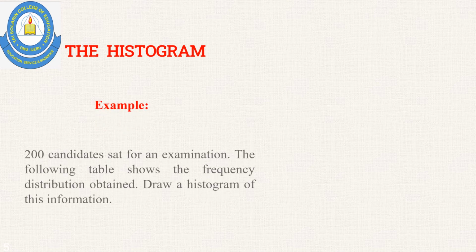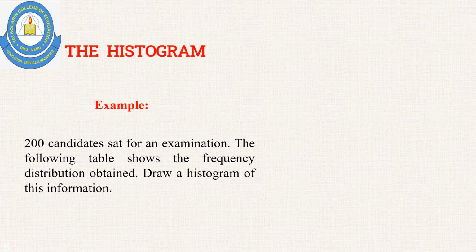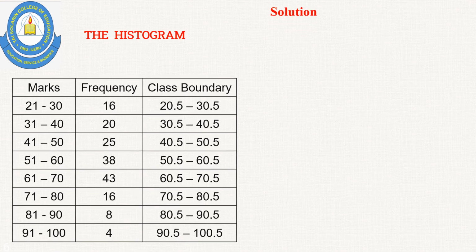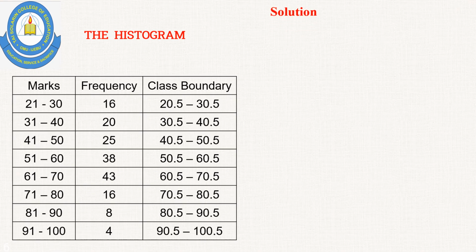The histogram. This is a rectangular block graph representing the frequency distribution of an analyzed item. In a histogram, the bars overlap and there are no gaps between the bars. Let's look at an example here. You are given the example and the table. To solve the problem, we need to generate the class boundary of the given table.